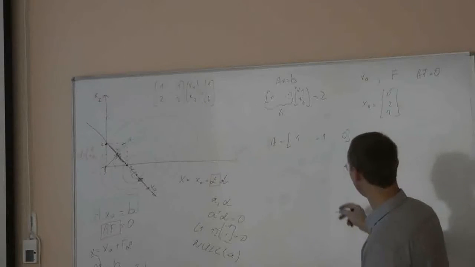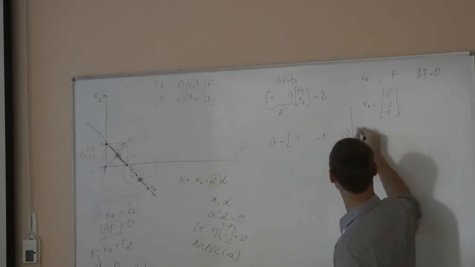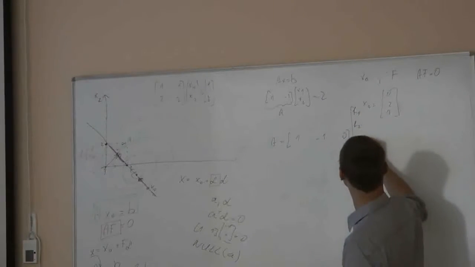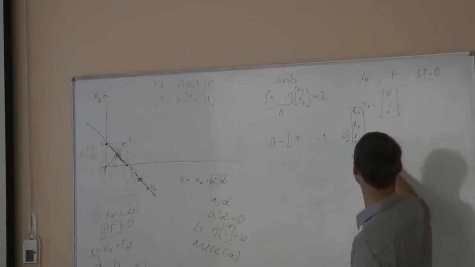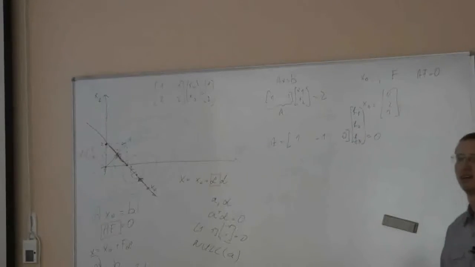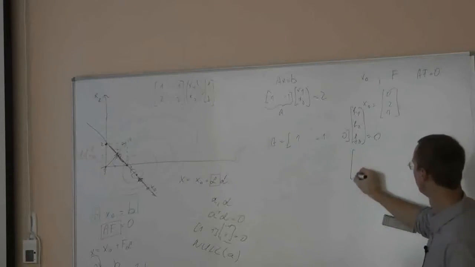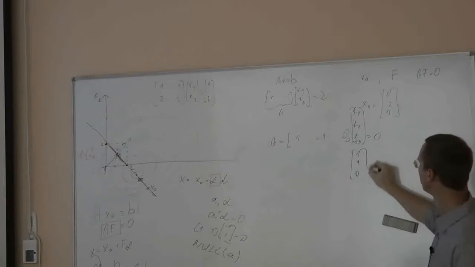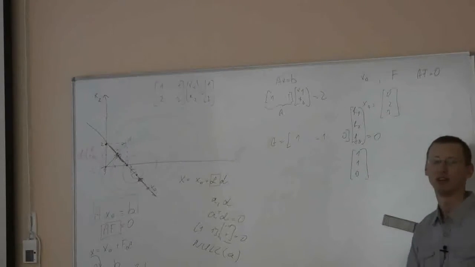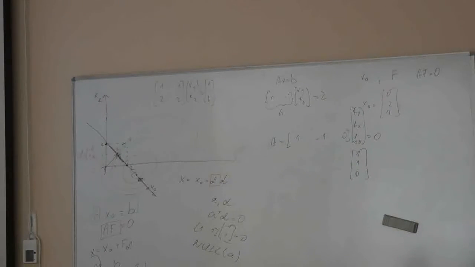Give me one vector. Essentially we are looking for a vector, say f1, f2, f3, such that this product is equal to 0. Obviously we can choose, for instance, 1, 1, 0. That's satisfying. The problem is this is not enough.